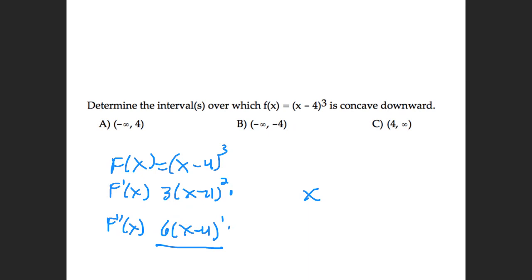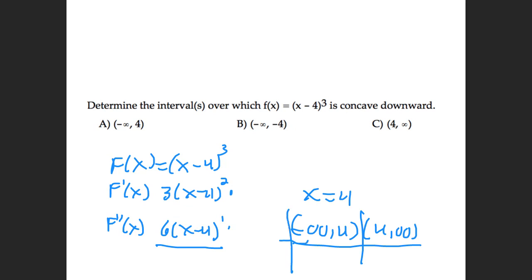That means that at x equals 4, something's happening. So I've got negative infinity to 4, 4 to infinity. That is the extent of my second derivative table. The 6 is always going to be positive, so the only thing that's going to change the sign is x minus 4.